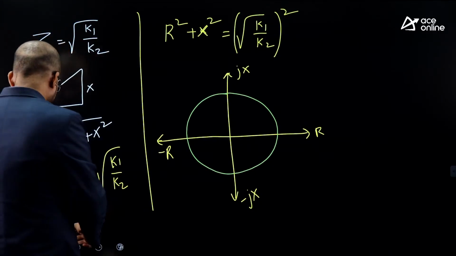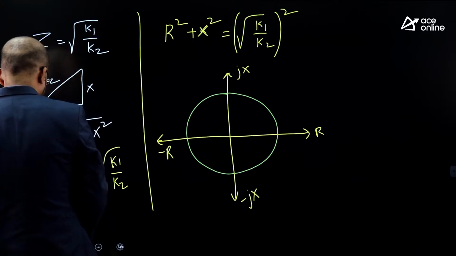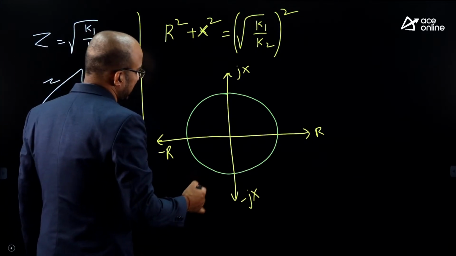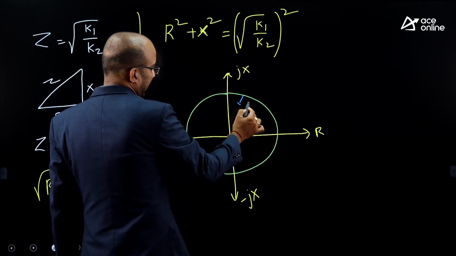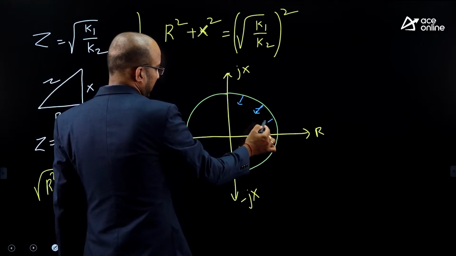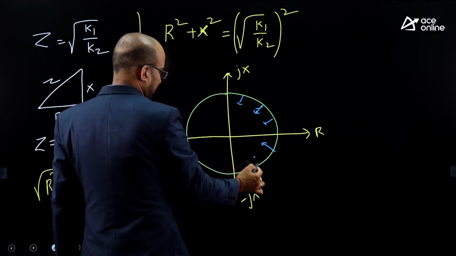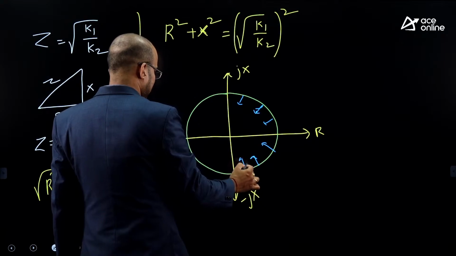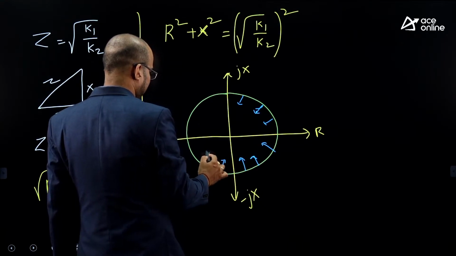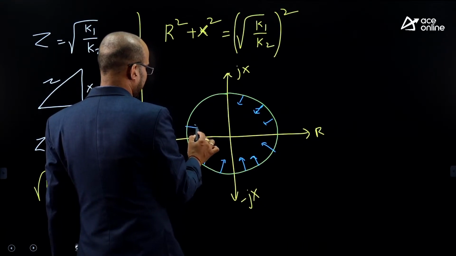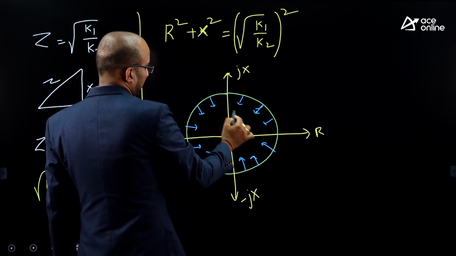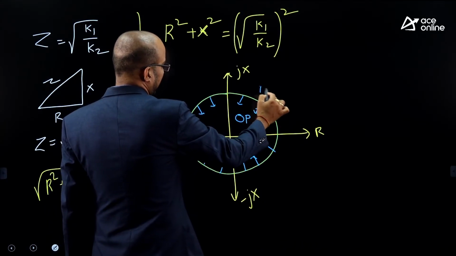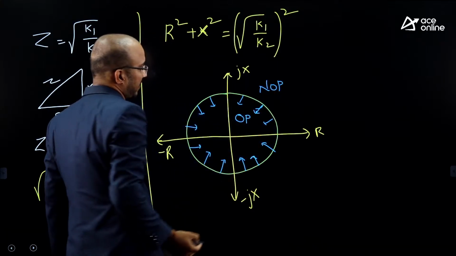So what is the operating region? If the point lies within the circle it will operate. So the operating region is inside the circle, and this is the non-operating region.